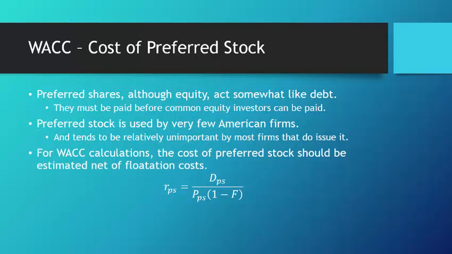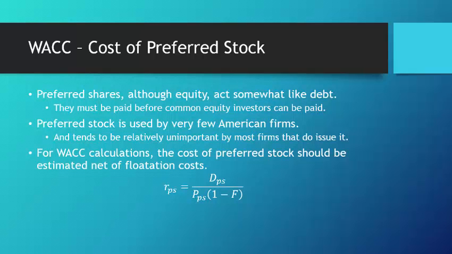So if we actually had to raise more preferred capital, we would be raising the price times 1 minus the flotation costs. That's what we'd get out of it, and what we have to pay for it is the dividend, and therefore the dividend over the price that we end up with is the required return, or the cost of preferred stock.